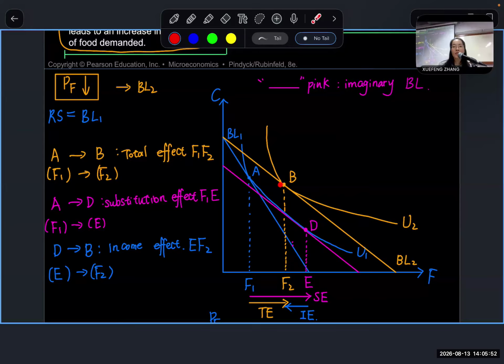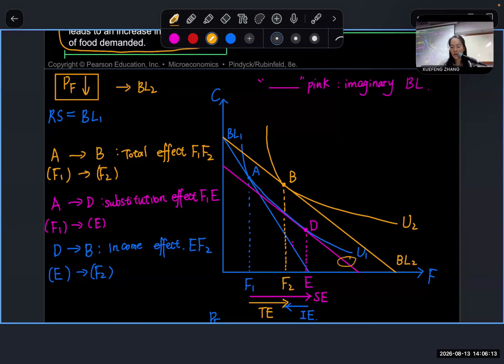But in order to get the substitution effect, we need to draw an imaginary budget line, which is the pink one, parallel to the new budget line, but tangent to the old utility, which is U1. That's why D is here.